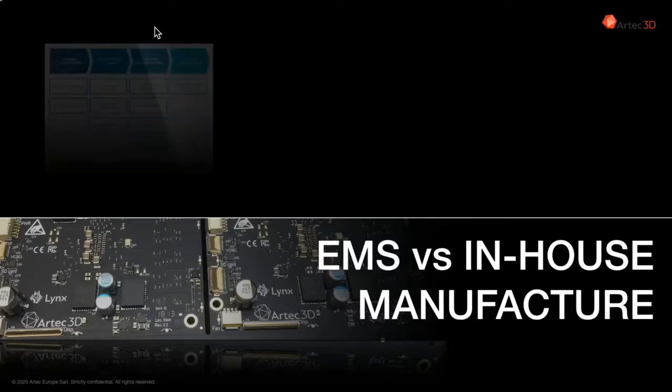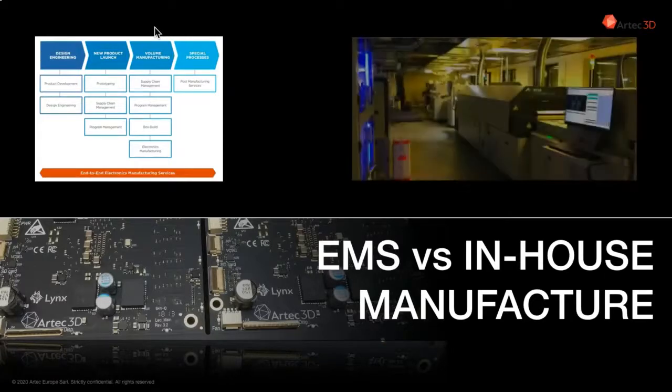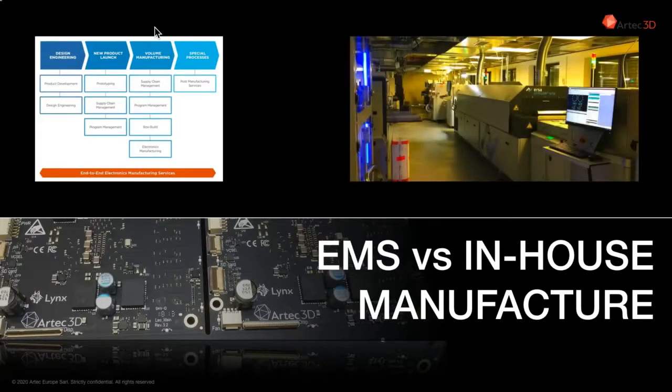So, how in an ideal world the interaction between the EMS company and customer looks like, and maybe how the in-house manufacturing line may look like. What is the difference, the similarity, and the trade-offs?